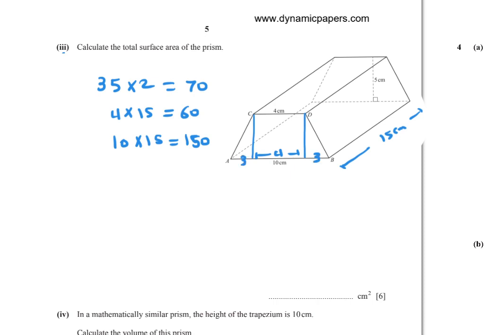And the height of the trapezium is 5, so this is 5. Now we can find the width of this rectangle. We can find DB. So DB equals the square root of 5 squared plus 3 squared equals 5.83 centimeter.